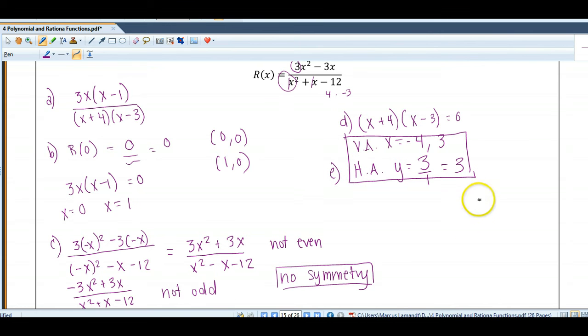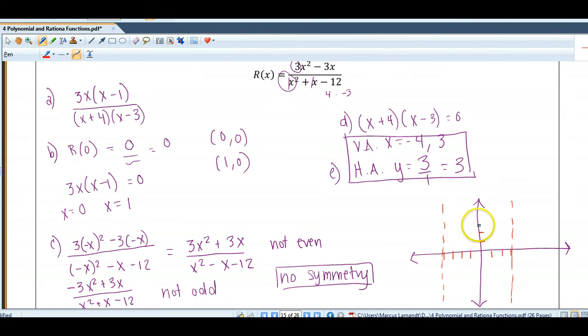Alright, let's go ahead and graph this. Change color for the asymptotes. Vertical asymptote at negative 4, positive 3.